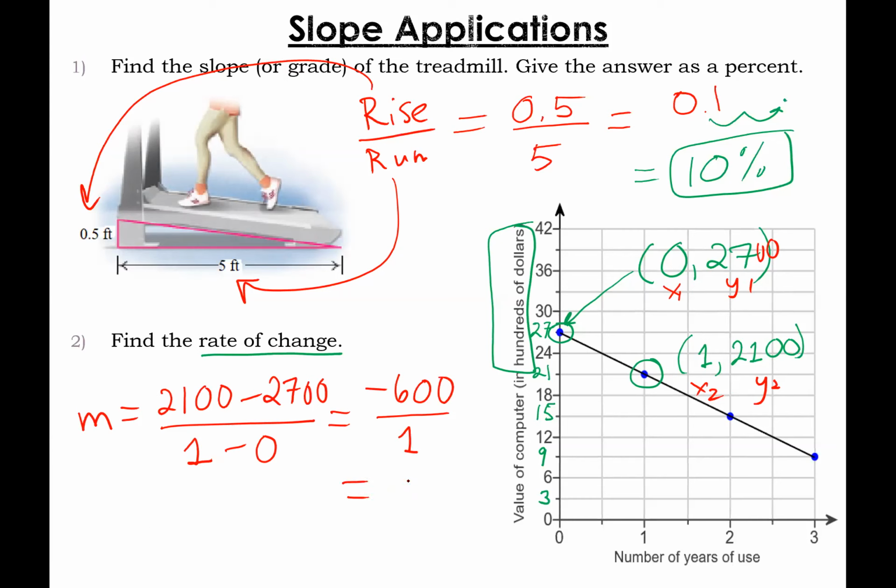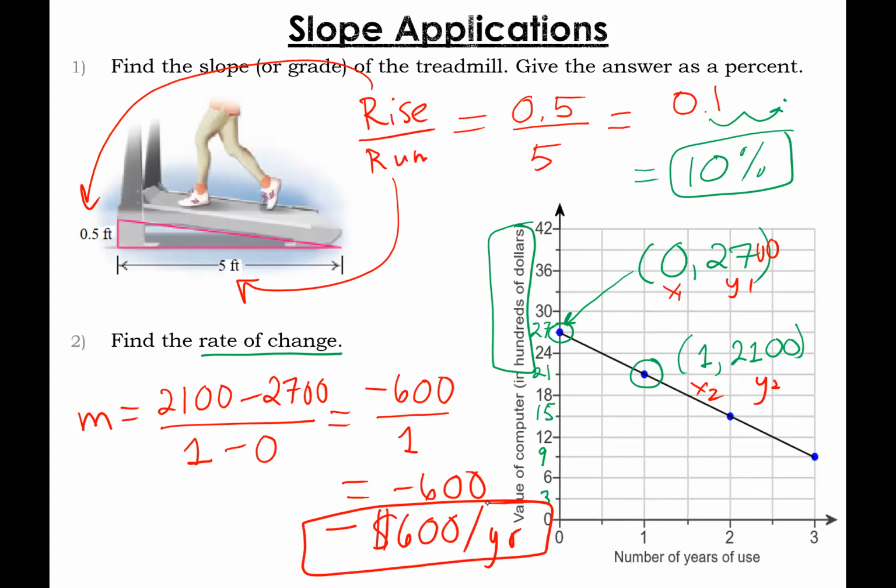So negative 600 over 1 would be negative 600. So the rate of change, we would call that negative $600 per year. That's one way to describe that. Okay, so the value of the computer is decreasing, or going down, at a rate of $600 per year.